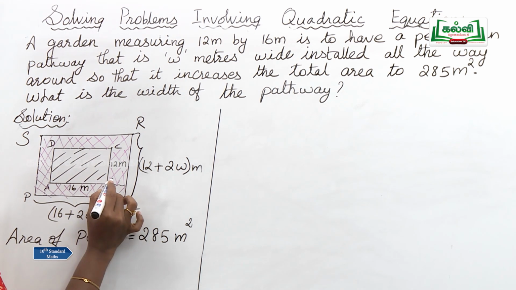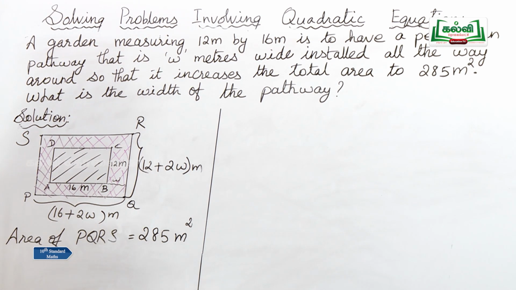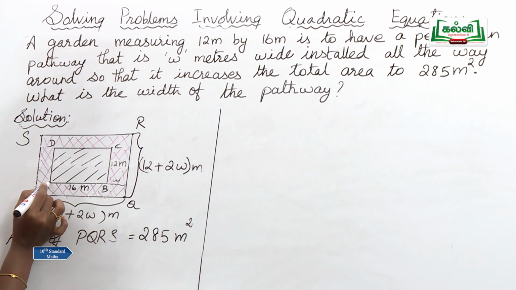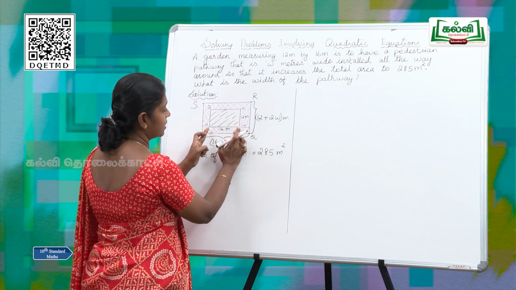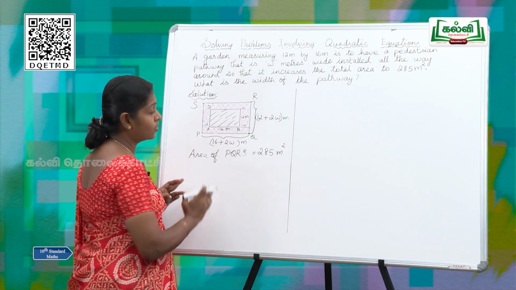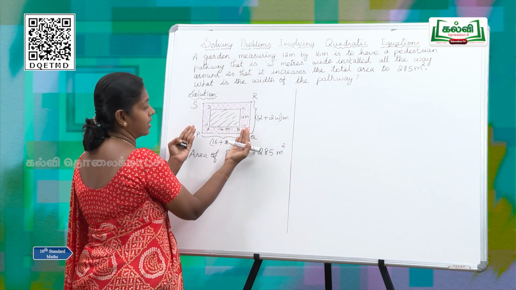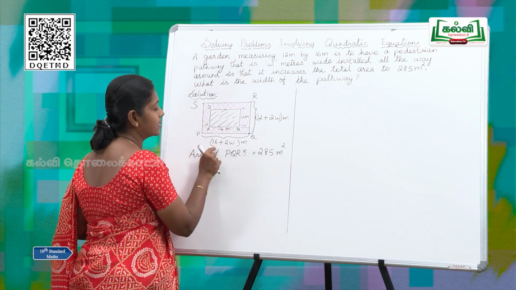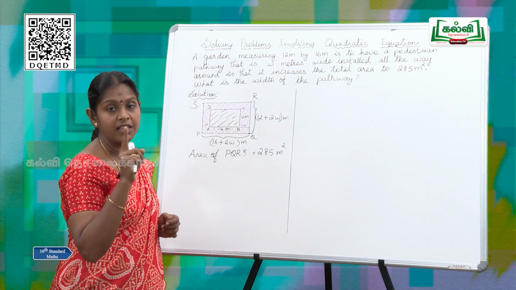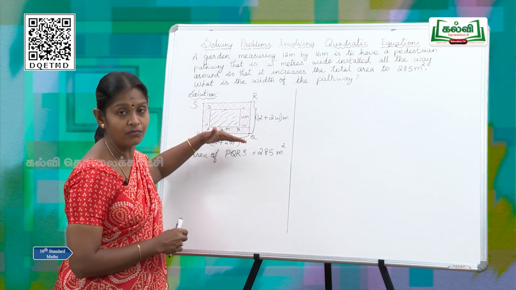This is omega, or W, meters, and this side also will be the same number of meters. So, already it is 16. Then what will be the length of PQ? That side one omega and another omega. If you add those two, you will get 16 plus 2 omega meters. That is the dimension, the length of PQ.